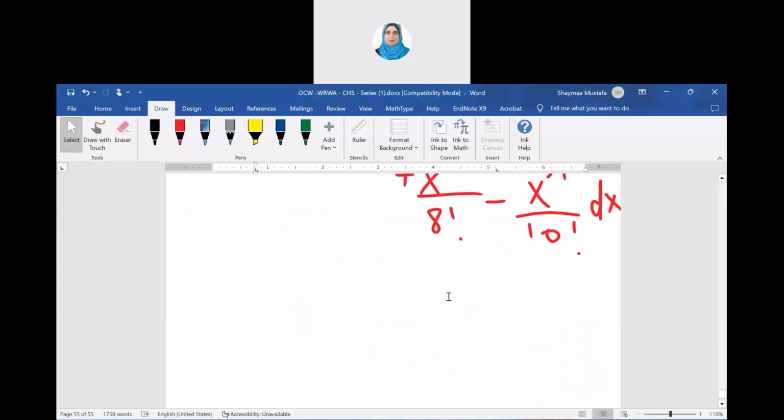The integration of x is equal to x squared divided by 2.